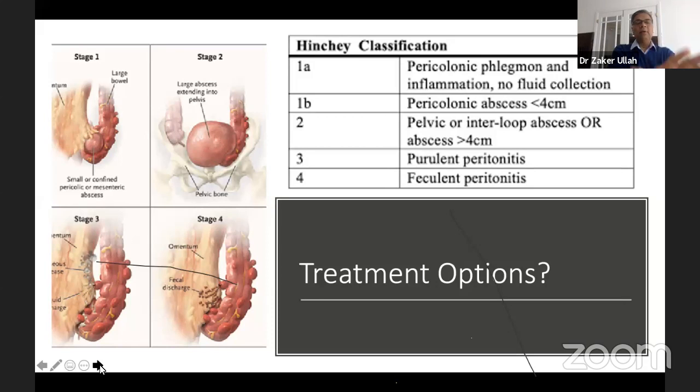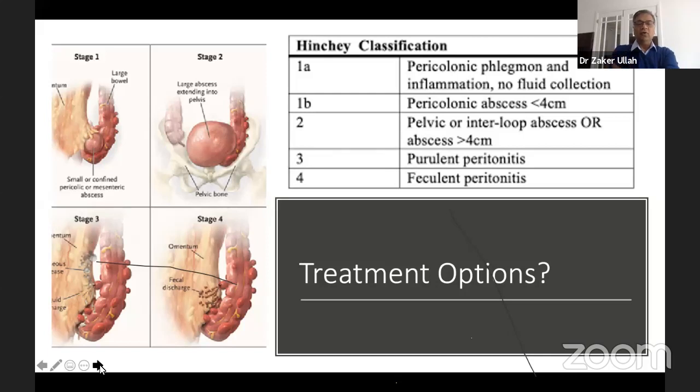So just remember, for stage 1 or 2, in Western countries we are still doing laparoscopic washout and coming out, not a big operation. You put the laparoscope in, see whether it's Hinchey 1 or 2, do a washout, put a drain and come out. You'll be absolutely fine.